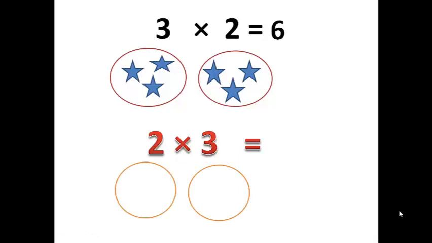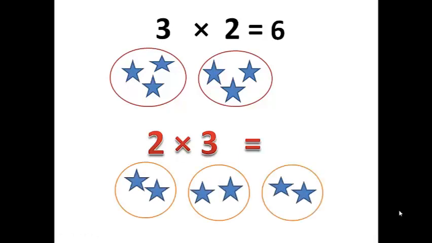Now I will draw 3 groups. In each group, 2 stars. How many stars in all? 6. Yes, very good. 3 times 2 equals 6 or 2 times 3 equals 6, the same answer.